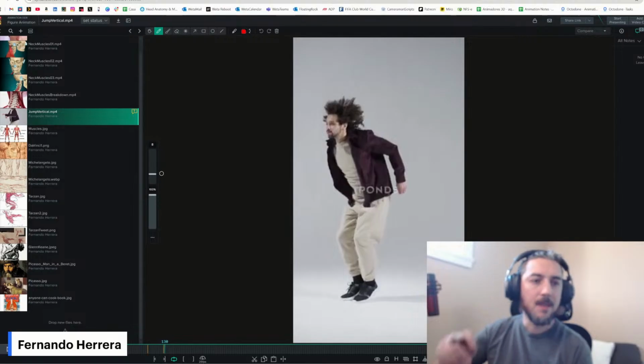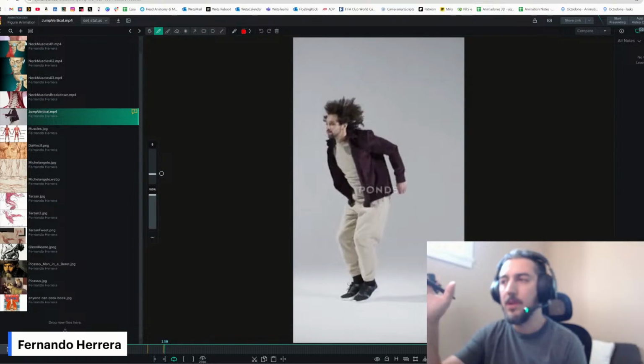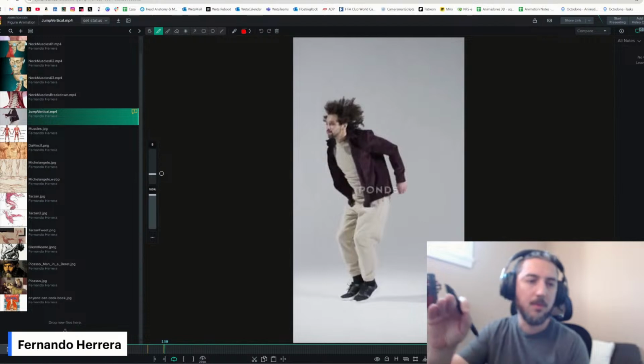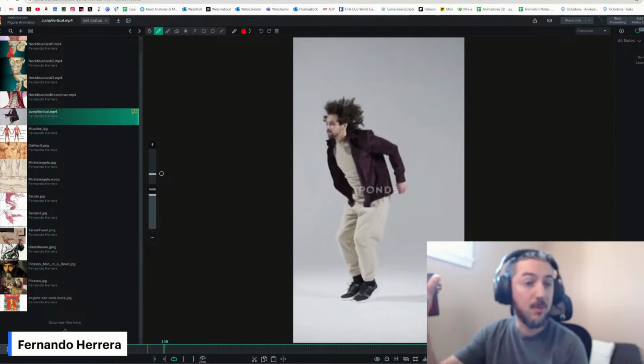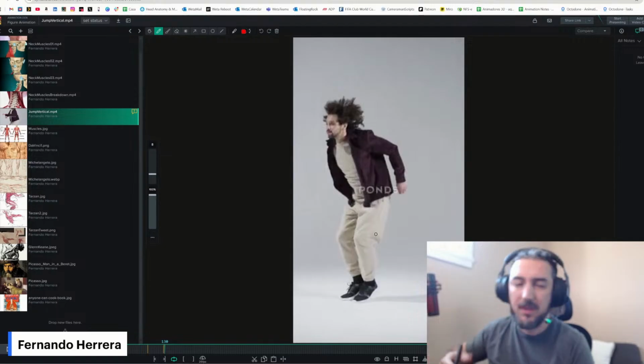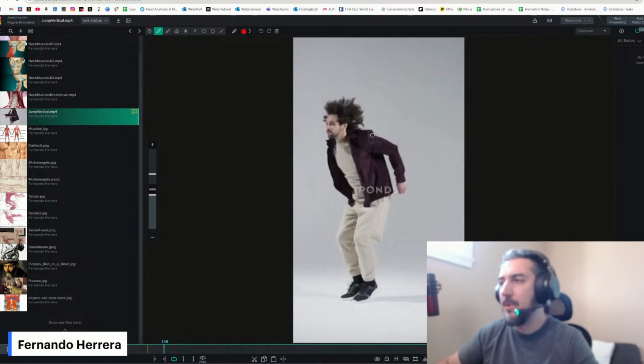So if you're breaking down reference, and you're able to understand if that is more physics or more muscle, then you're going to be able to understand better why and how that's moving. On the leg, it's usually more muscle because it's grounded. But the arm is usually going to have a lot of mix between physics and muscles.